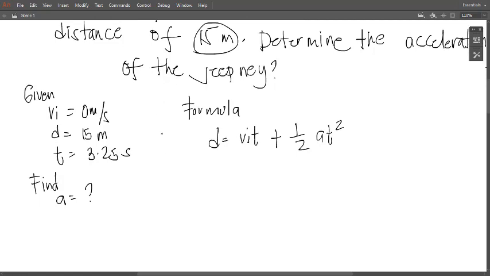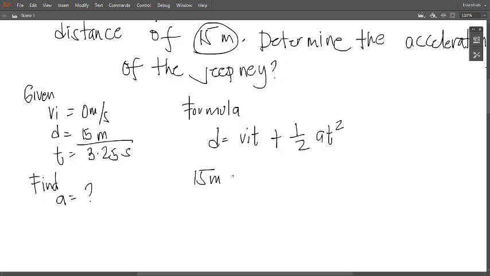We'll be replacing these letters with their corresponding numbers. For distance, we have 15 meters.